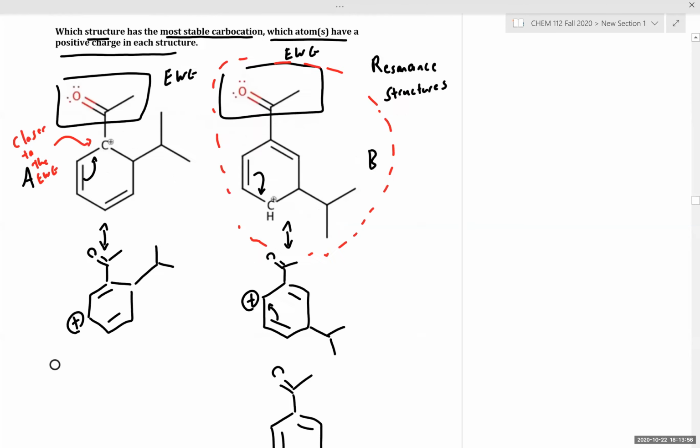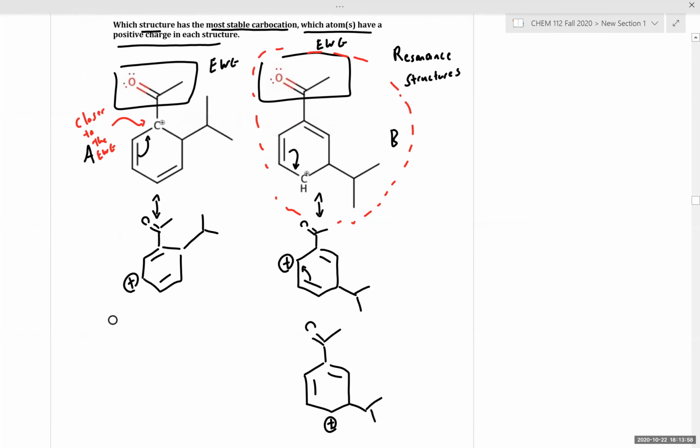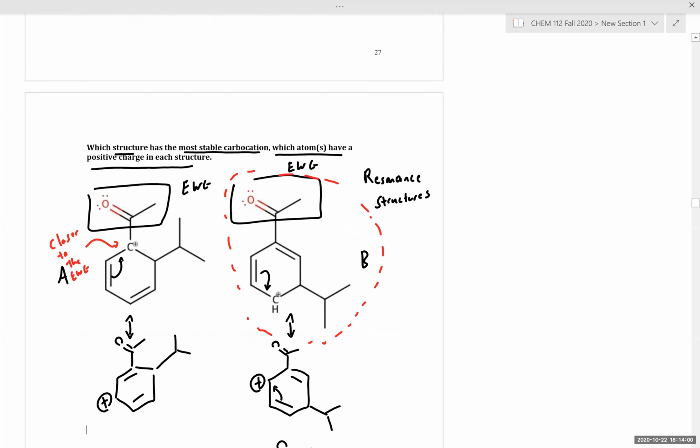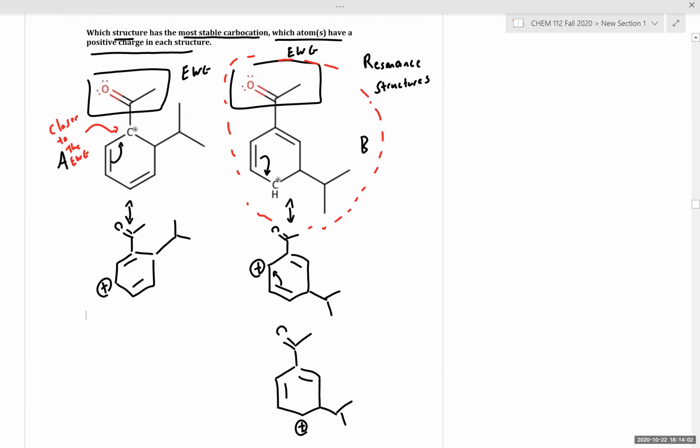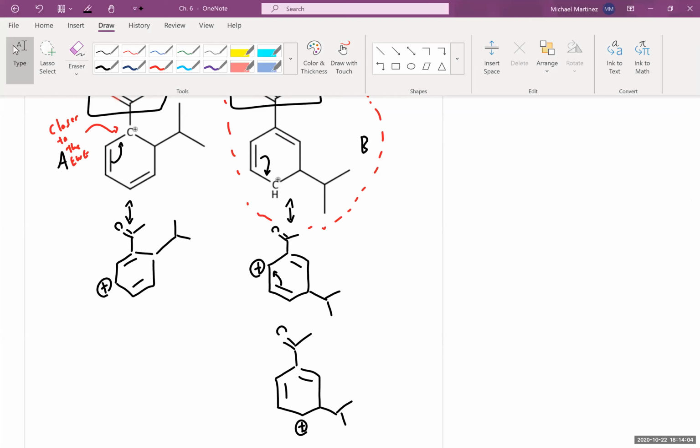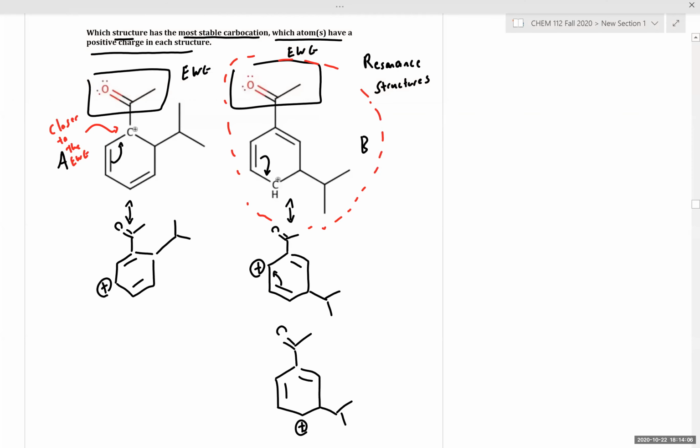Okay, so these resonance structures are quite important to consider because they allow us to look at the location of our carbocation relative to the electron withdrawing group. Now, what do we notice if we compare structure A and structure B?